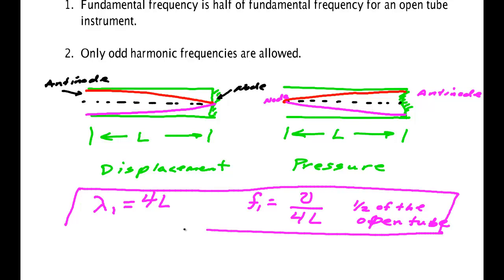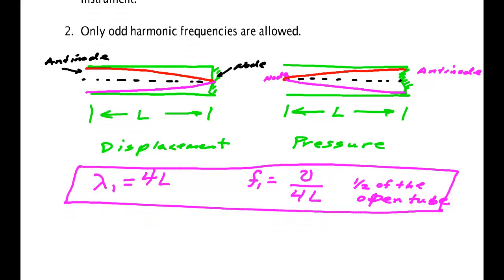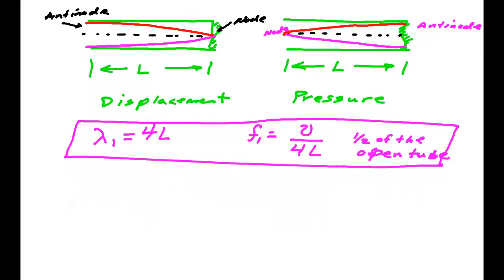Even more interesting than that, not all overtones are allowed. Only odd harmonic frequencies can happen. So that's the first fundamental frequency. This is the fundamental. Let's look at the next one. The next possibility would occur when the following happens.